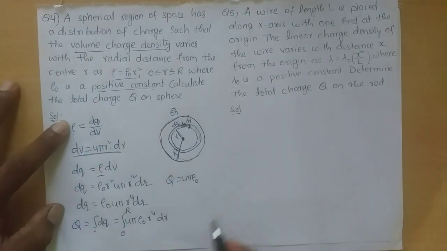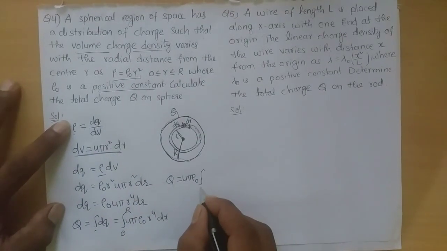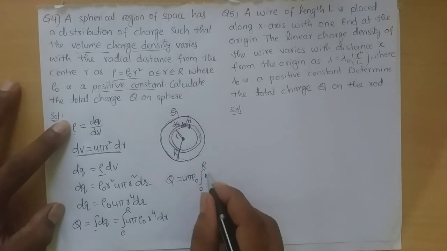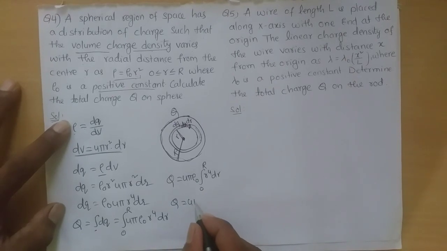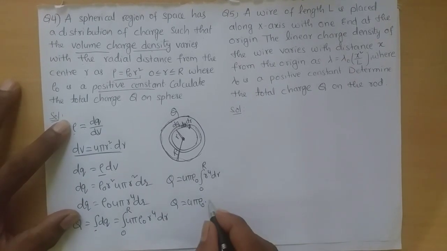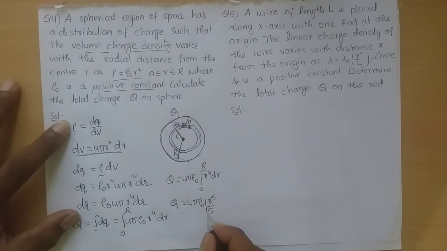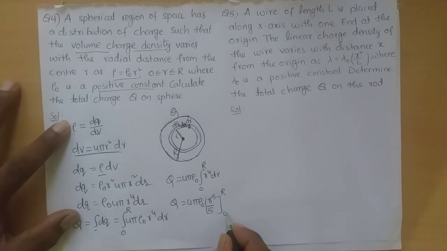Rho naught is already given as a positive constant. r is varying, here r power 4. So integration from 0 to R of r power 4 dr. So Q equals 4 pi rho naught into the integration of r power 4, which is r power 5 by 5. The limits are: upper limit is capital R, lower limit is 0.